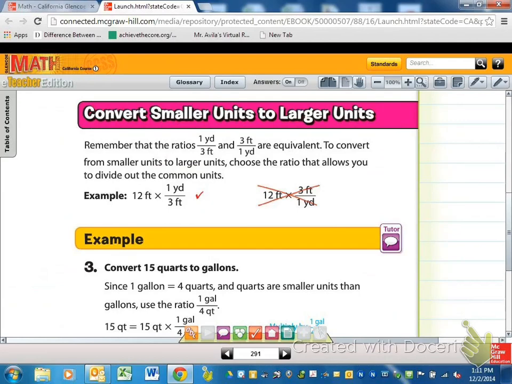So this is going to allow us to divide to make it smaller. And that's why here it says do not do it that way. So 12, again put over 1, times 1 over 3, which equals 12 over 3, which we divide. 12 divided by 3 is 4.